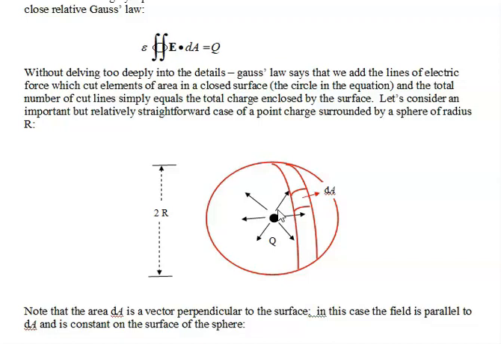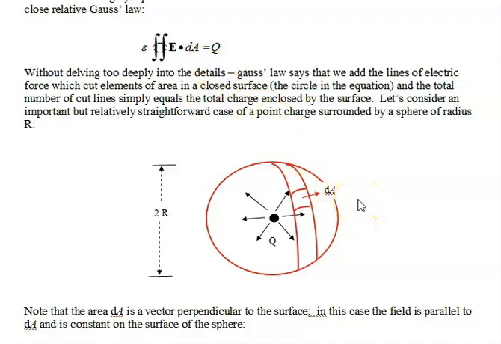The important thing is how many lines are cut by an element of area dA. And what Gauss's law says is we take all those lines of force and we add them all up around a closed surface. That's this little ellipse here. And when we do that and multiply by the permittivity, we get the charge.